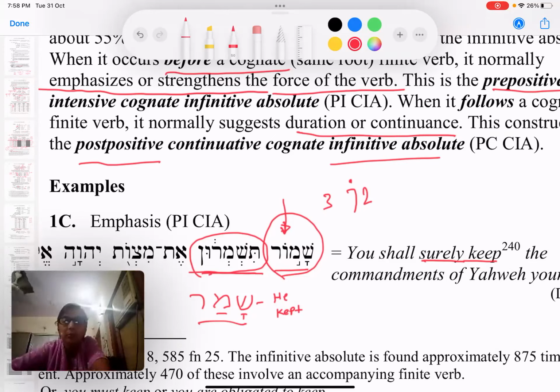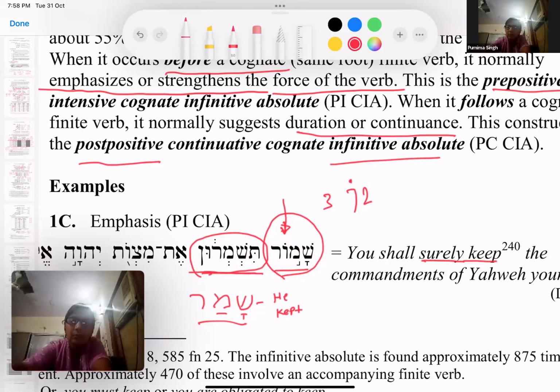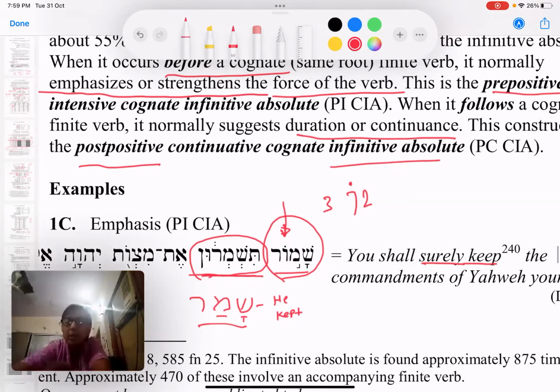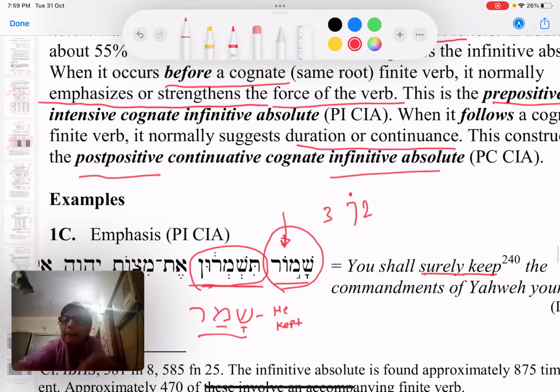Now tell me, give me one more example where you will find this. Anyone? Any biblical example? No. Where you will find the strengthening and force of the verb, like surely keep.